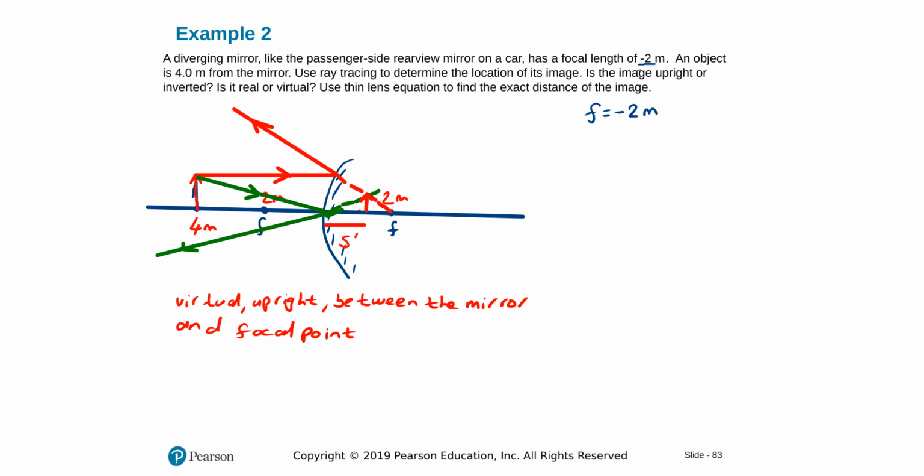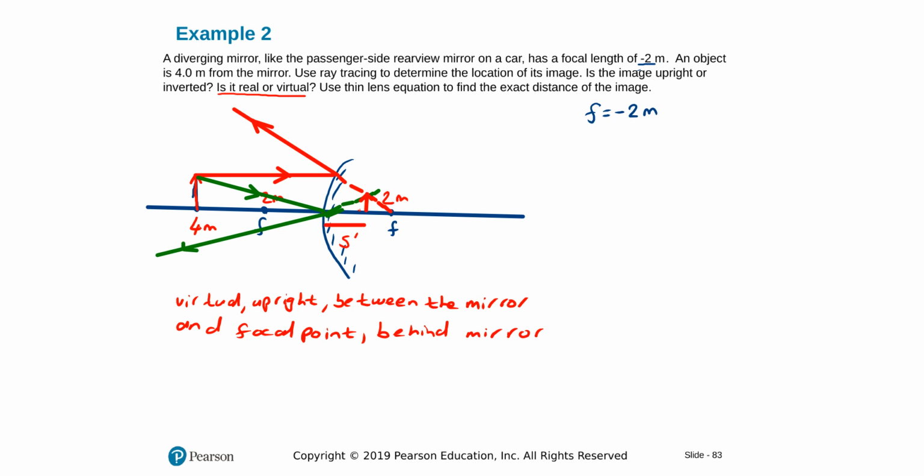What else? Behind the mirror. Also we can say, instead of between mirror and focal point. Alright, so we did that. It's virtual. We answer this now.